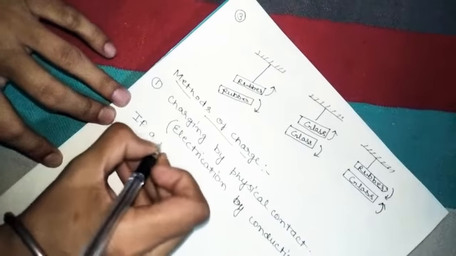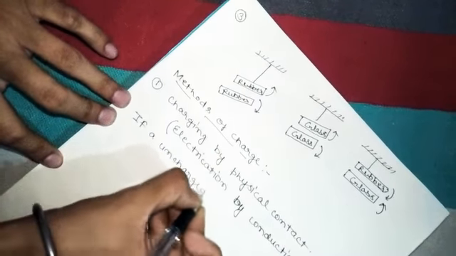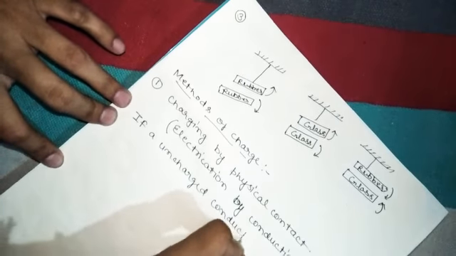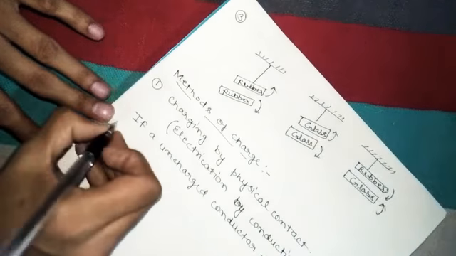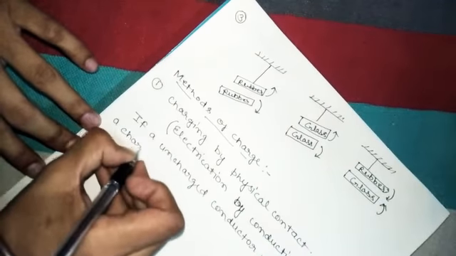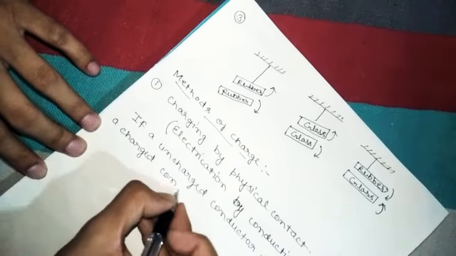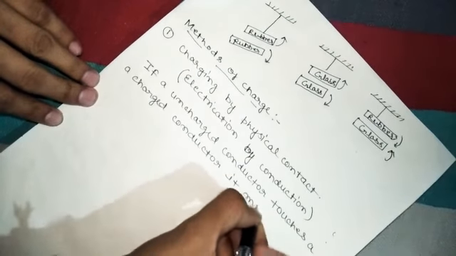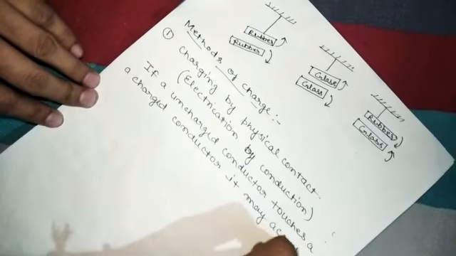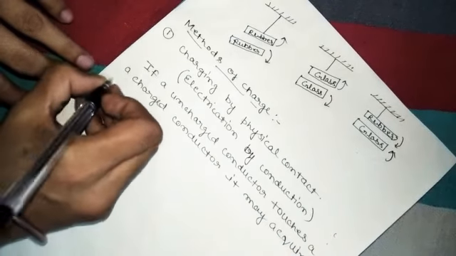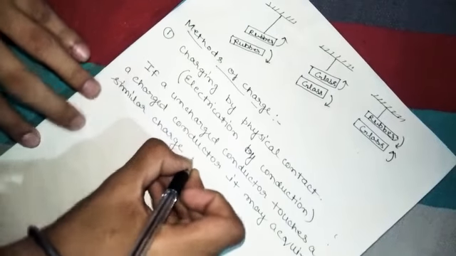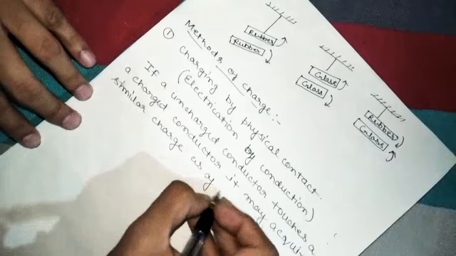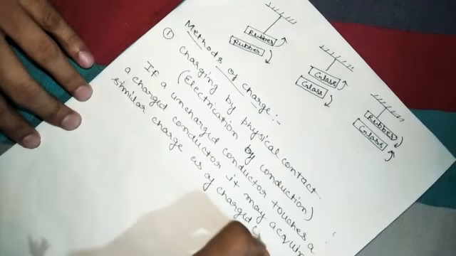What is it? If an uncharged conductor touches a charged conductor, it may acquire a similar charge as the charged conductor.